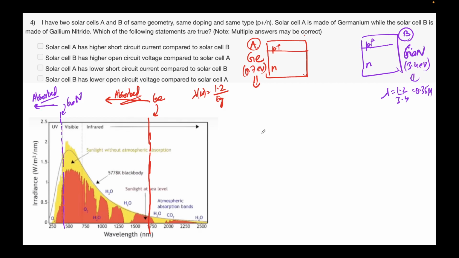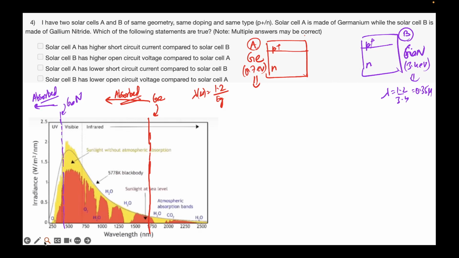It depends on how many photons, how many electron hole pairs are being generated. If you have very few photons available, naturally G_OP will decrease. So for gallium nitride, the short circuit current will definitely be smaller.